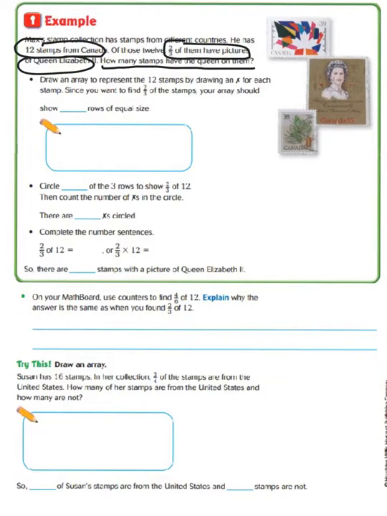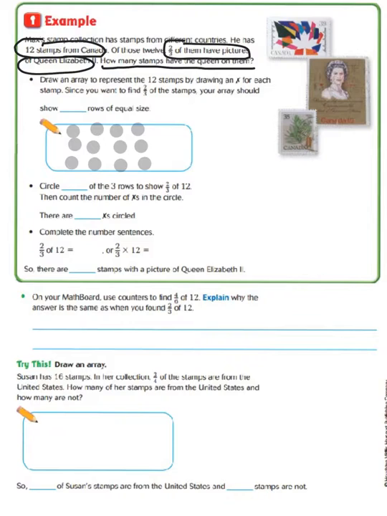So we can draw an array to represent the 12 stamps by drawing an X for each stamp. Let's go down here into our box, and I'm actually not going to draw the X, I'm just going to draw my little circles. It's 12 stamps, so it's 1, 2, 3, 4, 5, 6, 7, 8, 9, 10, 11, 12.